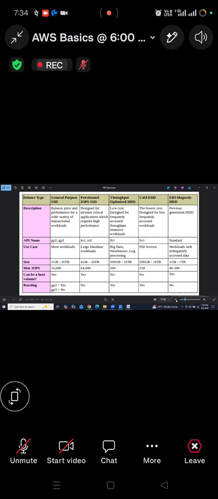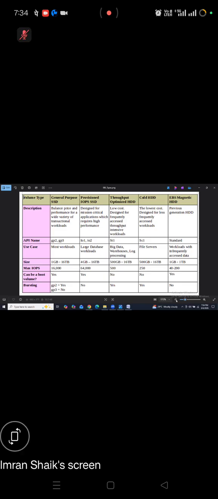Take care. Tomorrow we are going to perform practical sessions. We have 4 to 5 practical sessions. First, I'm going to attach an EBS volume to the EC2 instance. Then we are going to increase the volume size. Next, we are going to remove the root EBS volume, the one with the operating system, from the EC2 instance, and connect the same volume to another instance.